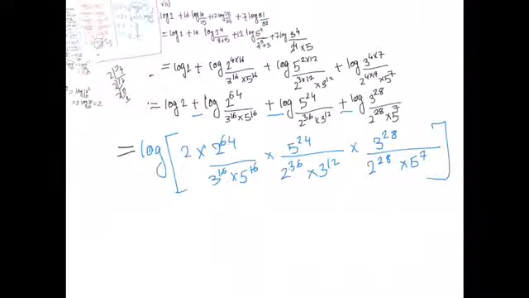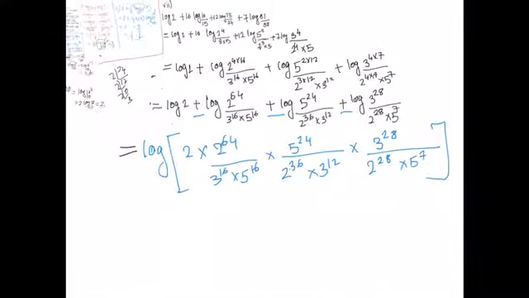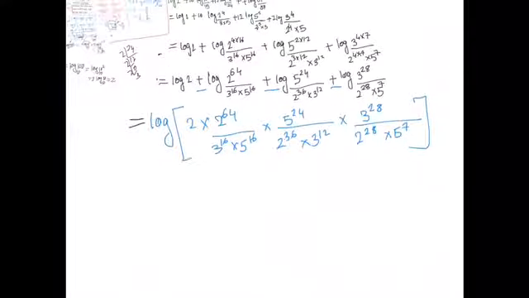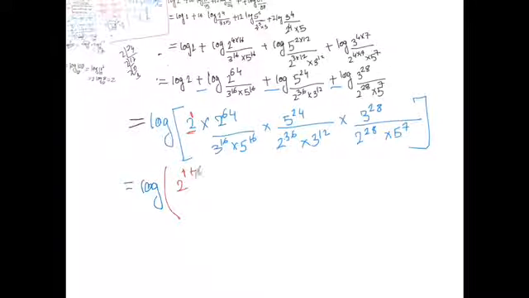Now it's just the indices formulas. The common base is like this, so we can write log of. Let's first look into 2. Is it 2 to the power 1 plus 64? Is there any more 2? Yes, minus 36 minus 28.